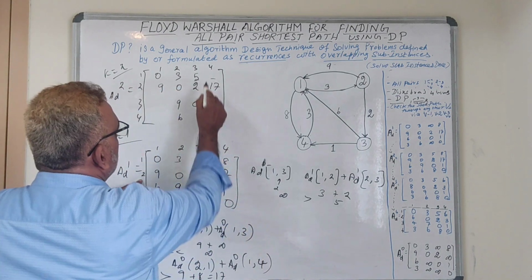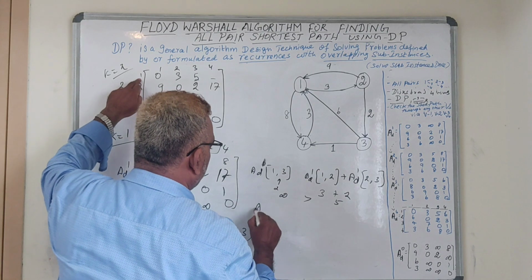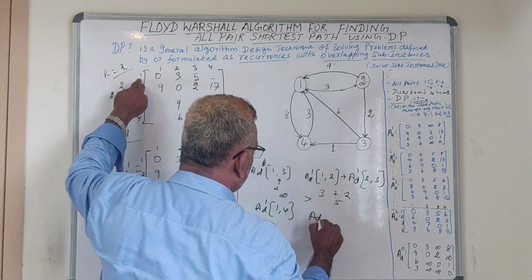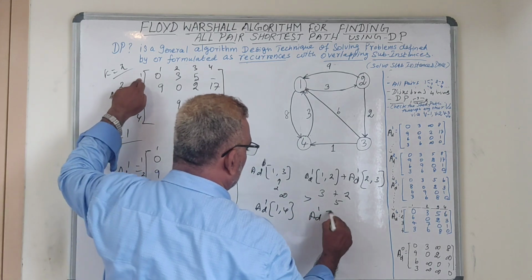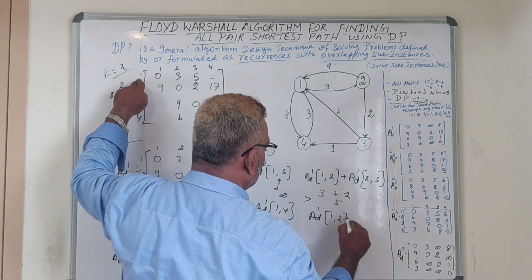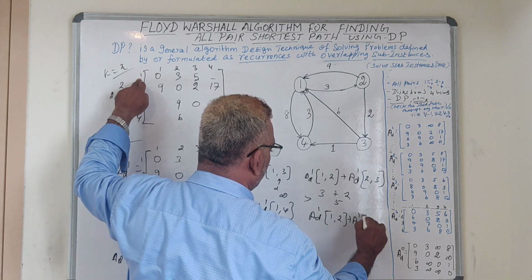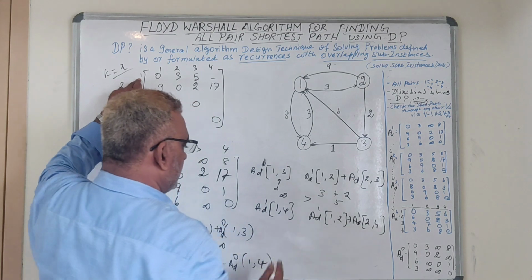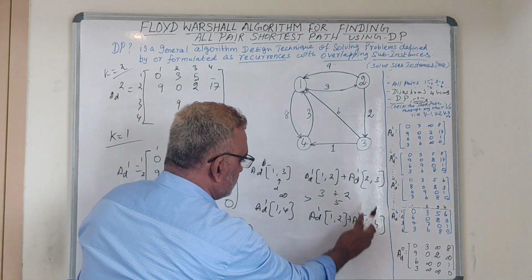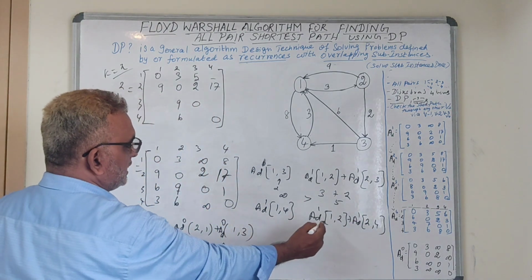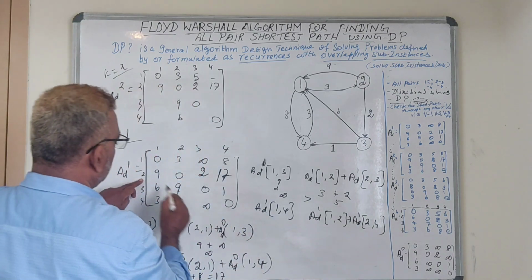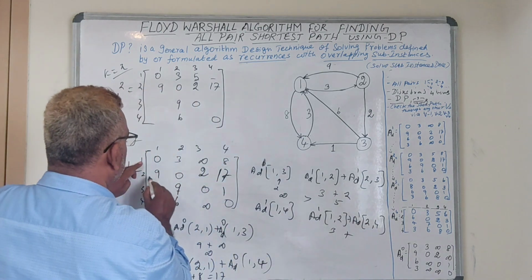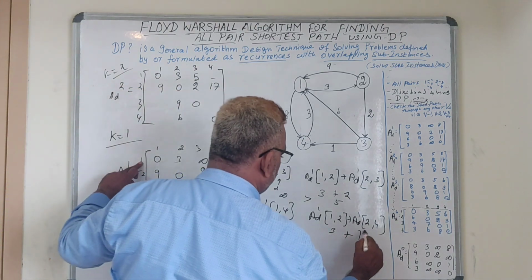Okay, so similarly the next value is AD1 1,4. It can be written as AD1 of 1,2 plus AD1 of 2,4. The intermediate vertex 2 is inserted here. So get the values: first row second column is 3, then second row fourth column is 17.